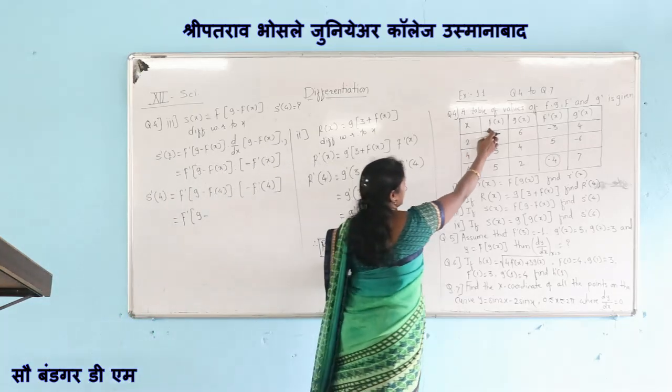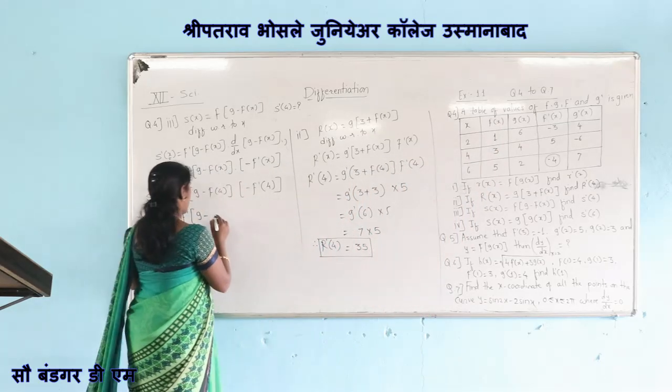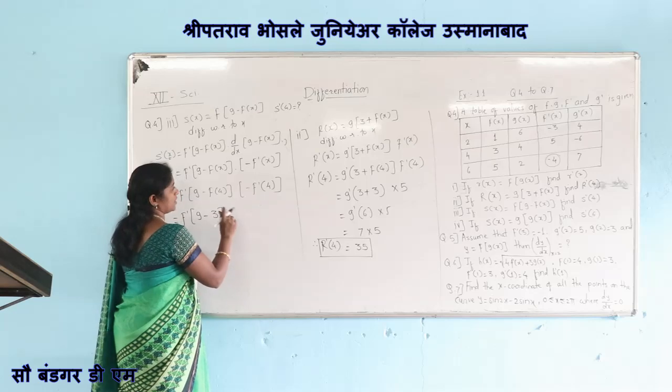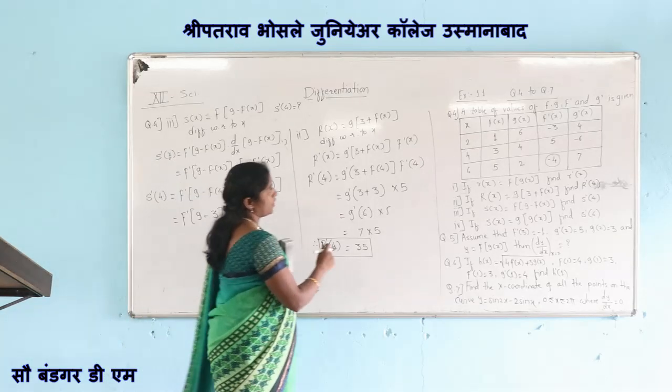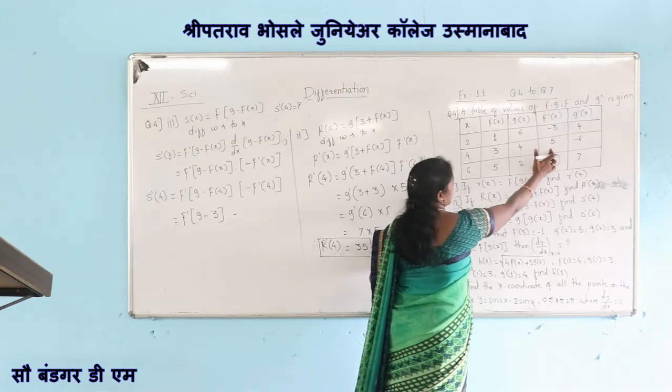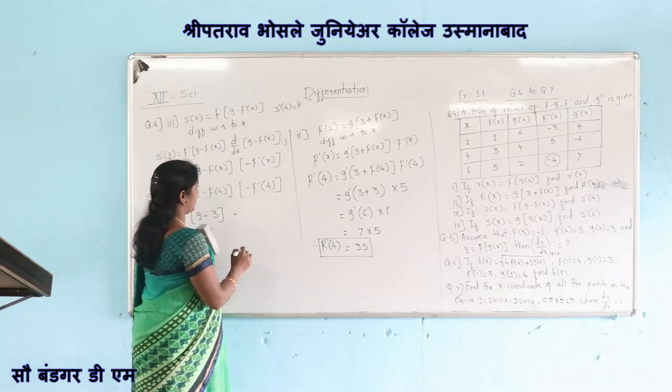F of 4, f of x at x is equal to 4, is 3. So this value is 3. Minus f dash of 4. F dash of x at x is equal to 4 has value 5. So f dash of 4 is 5.